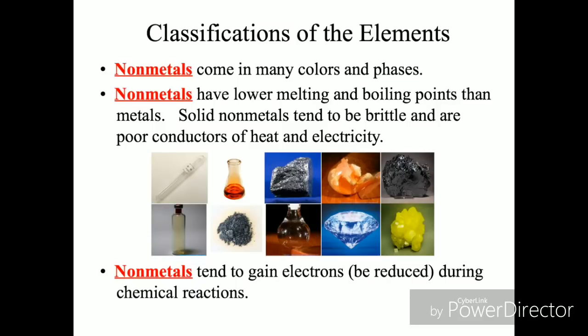Nonmetals have the opposite behavior to metals. They tend to gain electrons during a chemical process. As they gain electrons, their charge is reduced because electrons are negative, and they form anions or negative ions.